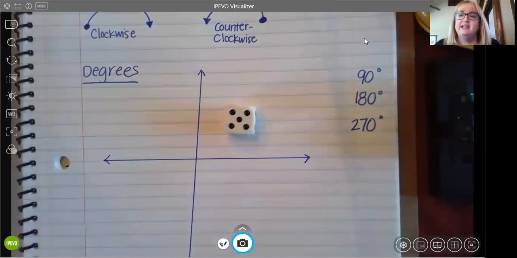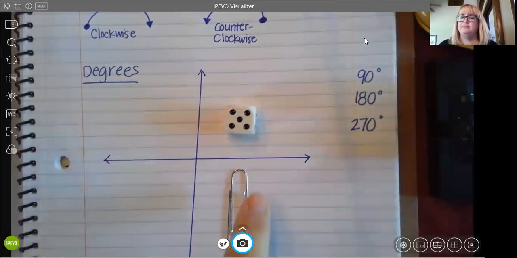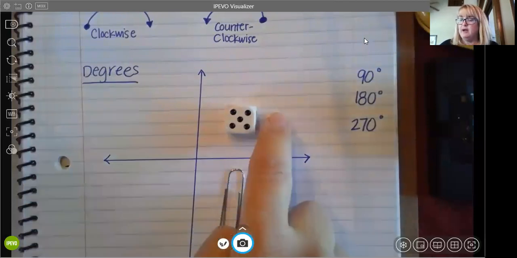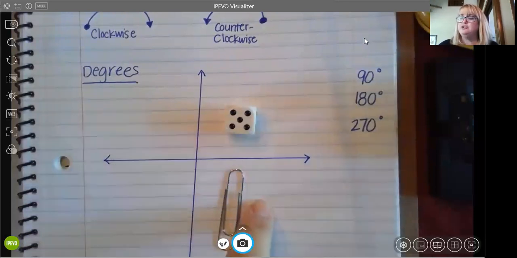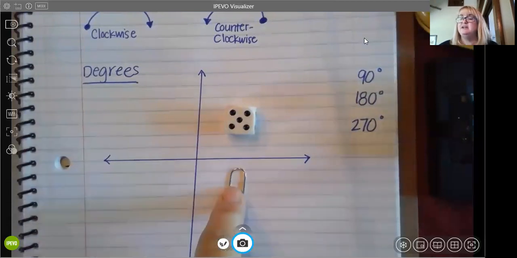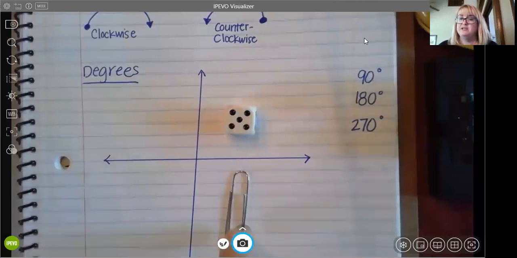The other thing I need to make sure you understand: if I move my die from here to here, there are two correct answers to how I'm moving. I am moving 90 degrees clockwise or 270 degrees counterclockwise. It just depends. So there are two correct answers to the movement. Does that make sense?